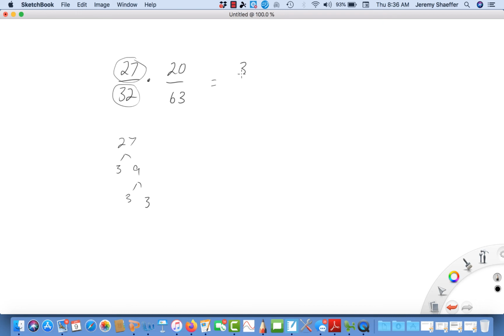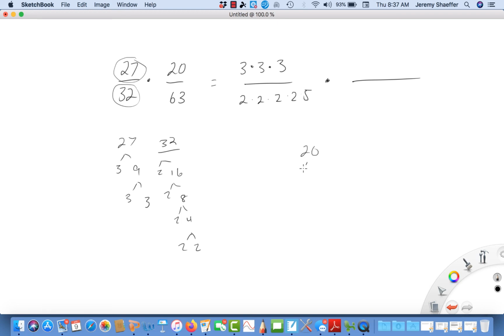So really what we're saying is 3 times 3 times 3 over 32. Well, what do we do for 32? 32 divided by 2 is 16. We divide by 2 is 8. Divide by 2 is 4. Divide by 2 is 2. So we have 2, 2, 2, 2, 2, 5 2s. 1, 2, 3, 4, 5. And that is multiplied by 20.